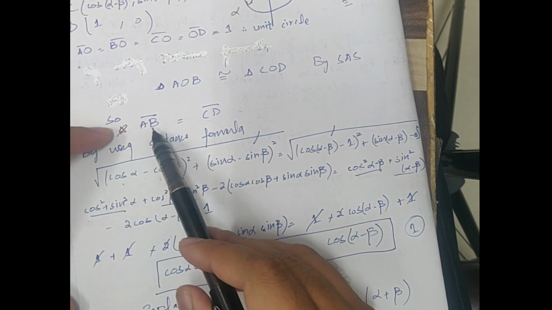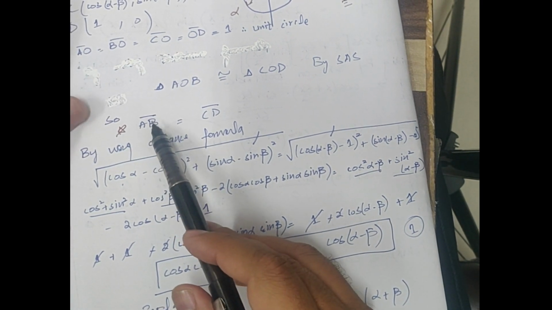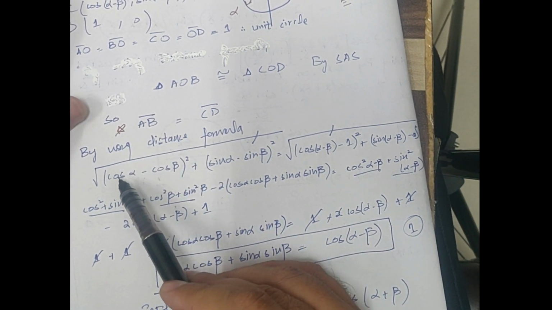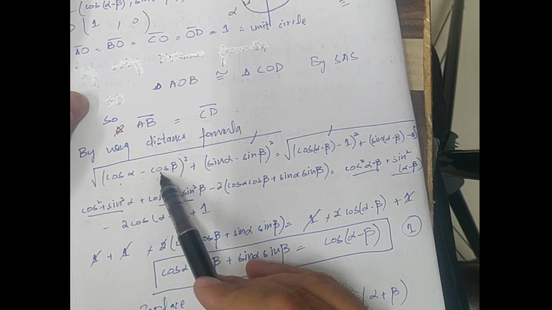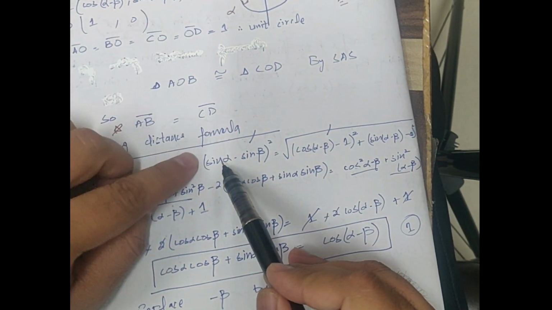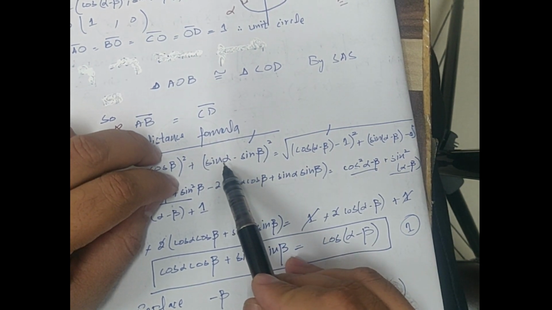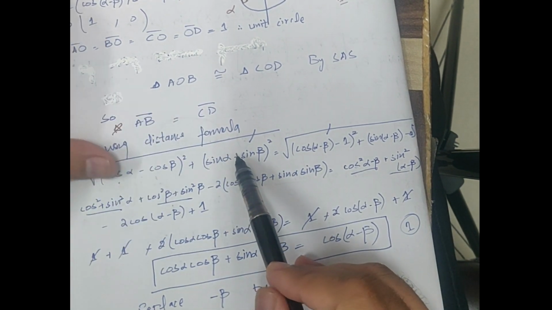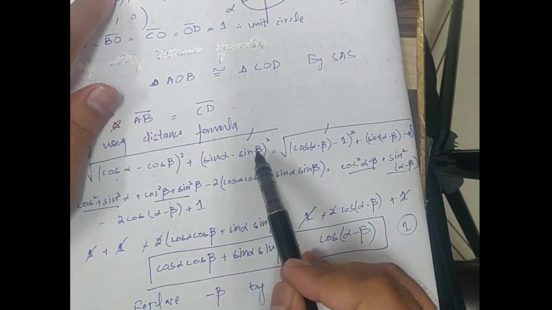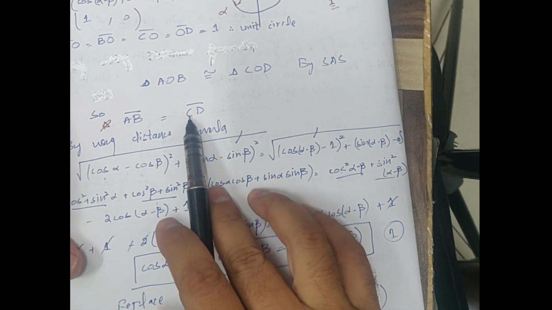First, to find the distance AB, we take cos alpha minus cos beta, the difference of the x coordinates of points A and B, squared, plus the difference of the y coordinates, sin alpha minus sin beta, squared, all under the root. And on the right hand side there is line CD.